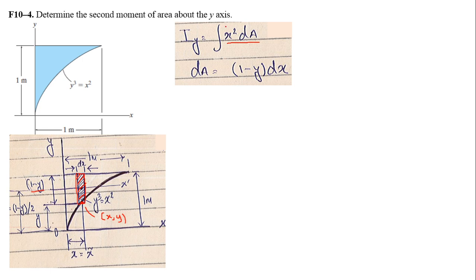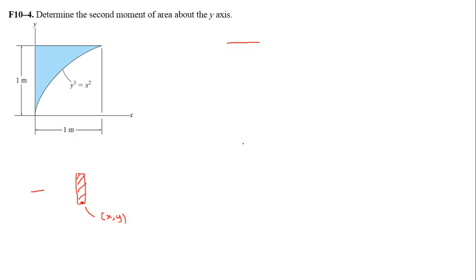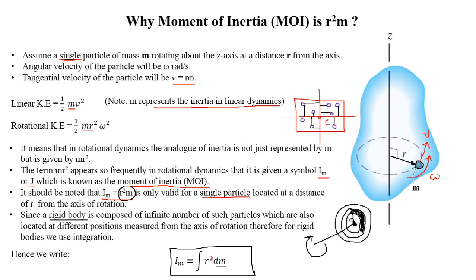So you see, this is very similar to the case that we discussed just on the previous slide. Here, let me give you again a review. Here I have told you that we have to consider an element, while we are calculating the moment of inertia, that has the mass located at one fixed distance from the axis of rotation, that was r in this case.